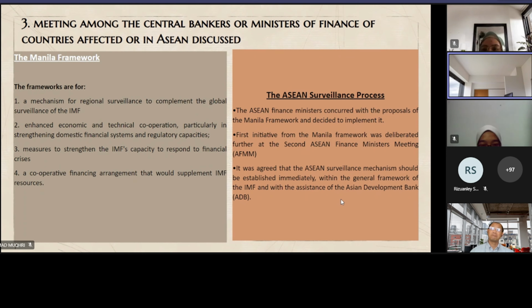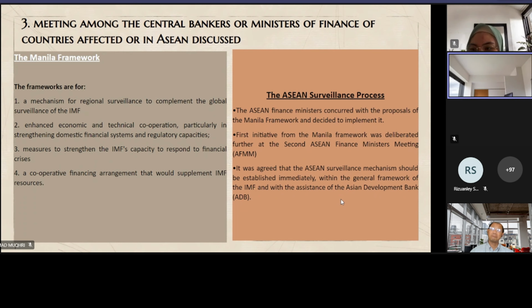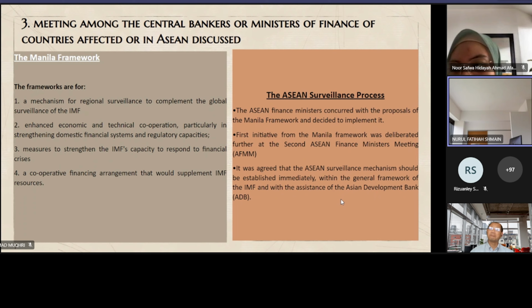It was agreed that the ASEAN surveillance mechanism should be established immediately within the general framework of the IMF and with the assistance of the ADB, Asian Development Bank. The details of the mechanism have been worked out by senior ASEAN finance and central bank officials in consultation with representatives from the ADB.